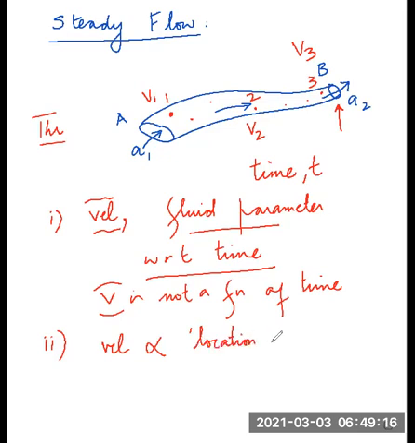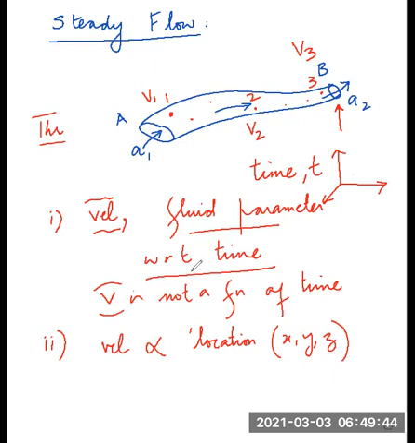The coordinates may be x, y, z, because it's a three-dimensional fluid flow. So the position is changing along the x-axis, along the y-axis, and along the z-axis. So at different locations, the fluid velocity is changing, but the fluid velocity is not changing with respect to time.